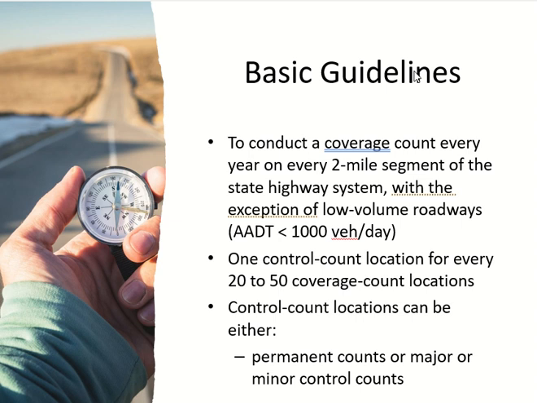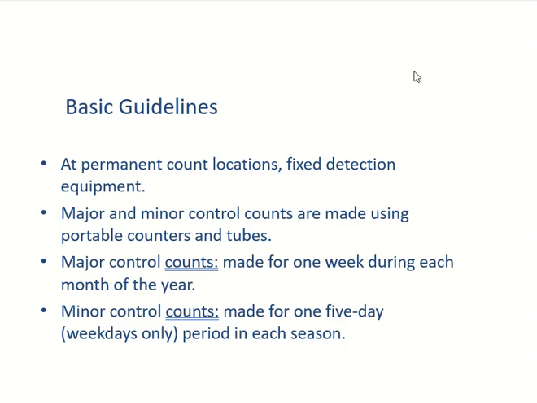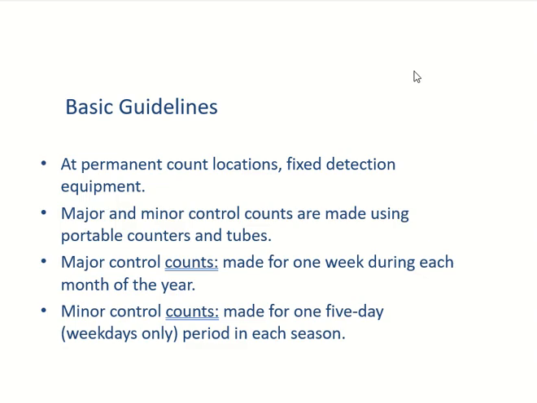So minor control is usually 5 days, 3-4 times a year, after every 3-4 months. Anything less than that is considered coverage. Anything even less than 5 days, 3 or 4 times a year, is considered coverage. Some of the locations for main highways, you can have a look at later on.